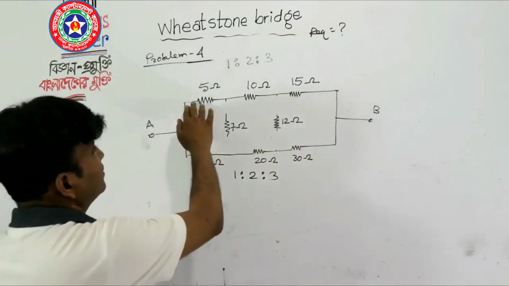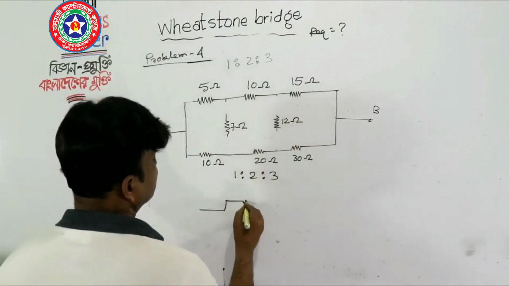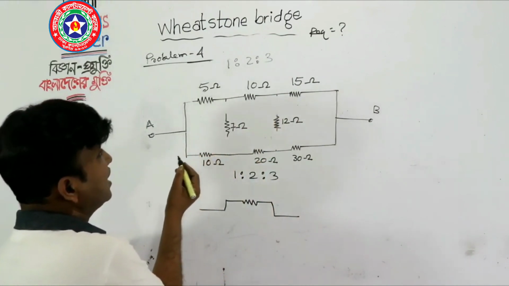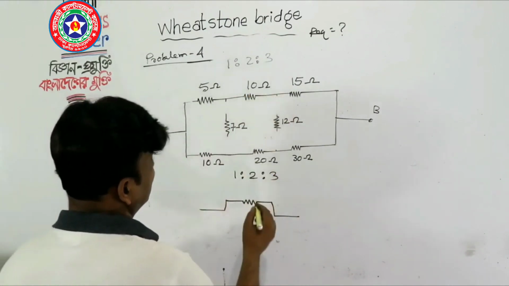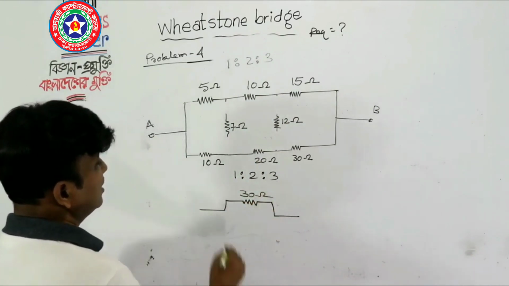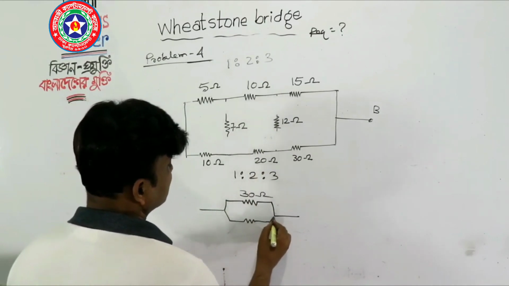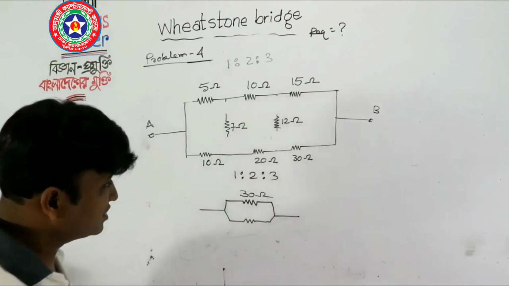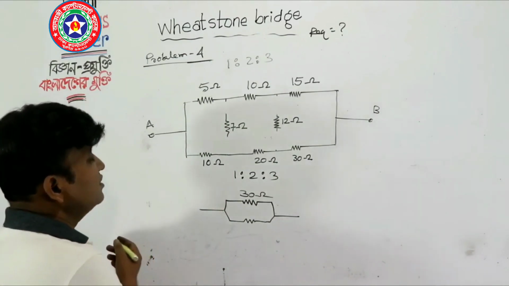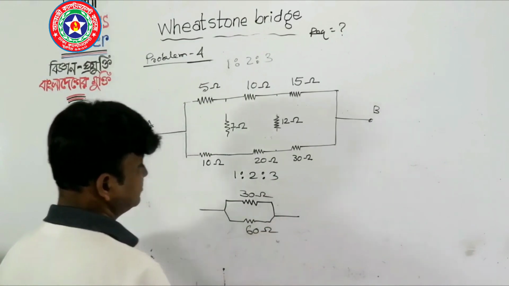So we get the equivalent resistance of the three resistances here as 30 ohms, and here the equivalent resistance of these resistances is 30 plus 30, 60 ohms.